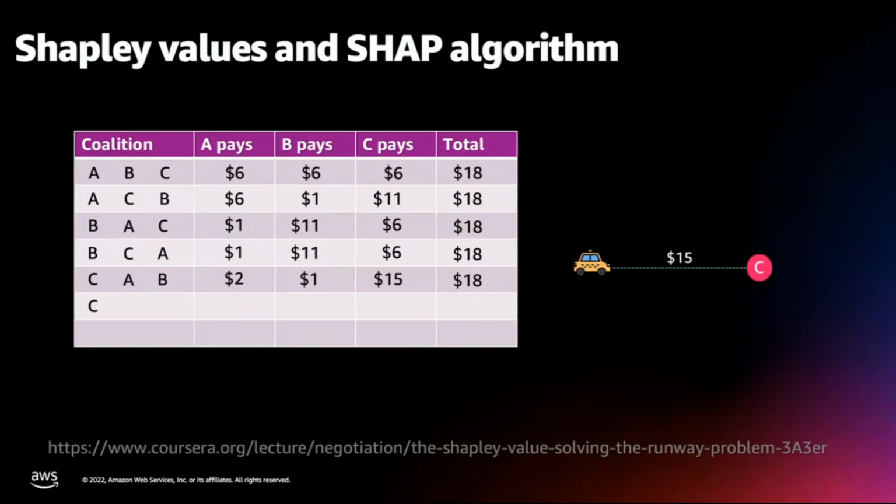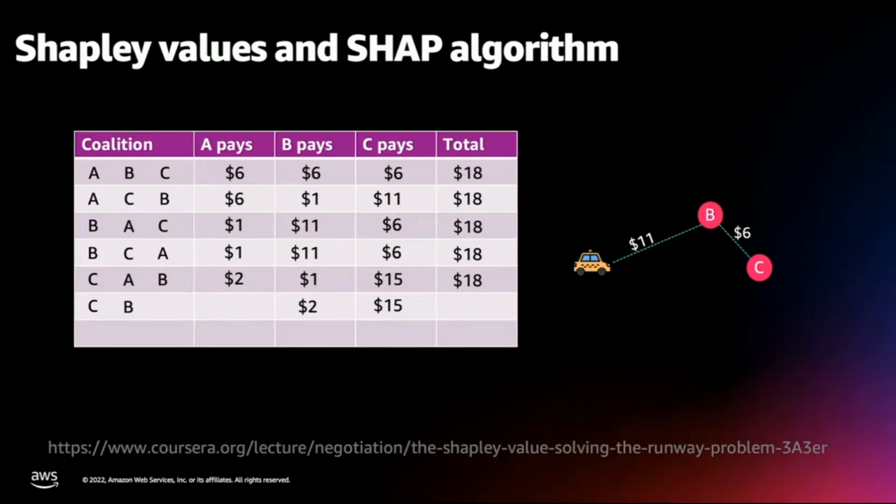So in this case, Carol joins the coalition first. She commits to $15. And then we have Bob joining. So now the most optimal route for both Bob and Carol is 11 and 6. So Bob now needs to only pay $2 additional because 11 plus 6 is 17, but Carol already committed 15 out of those 17.